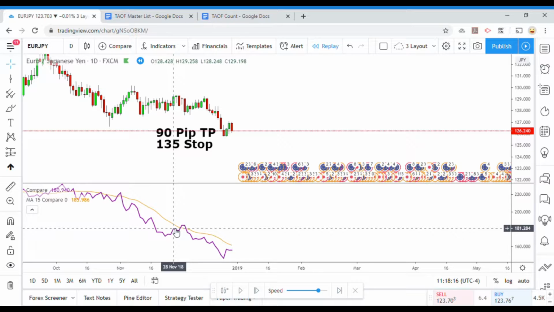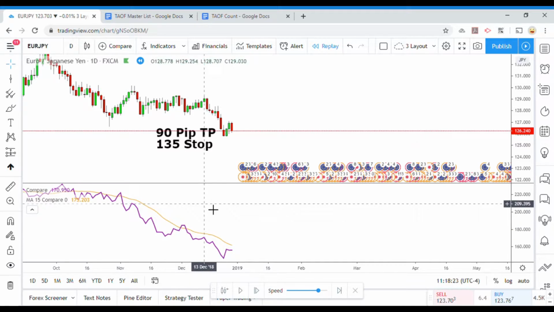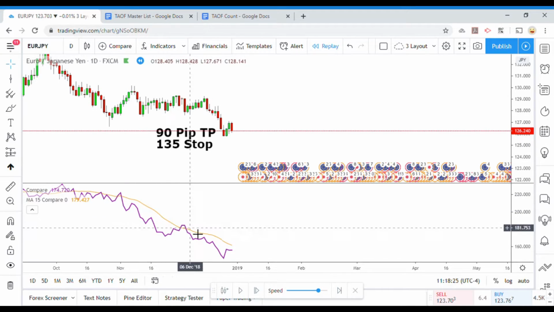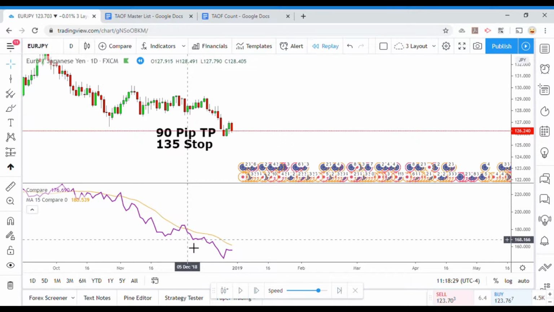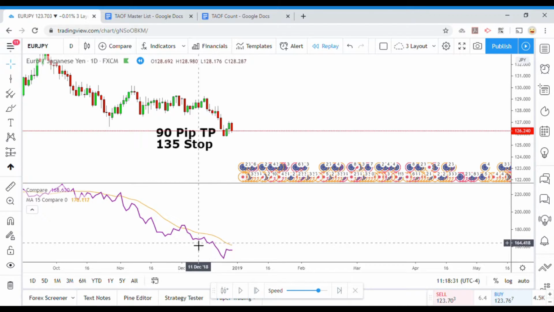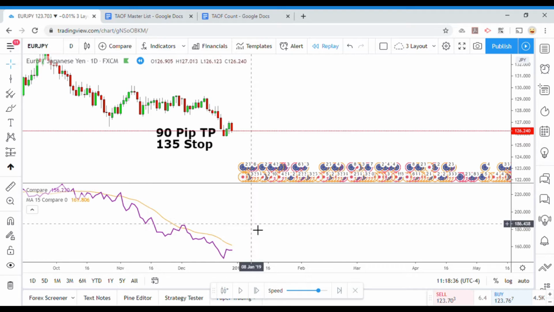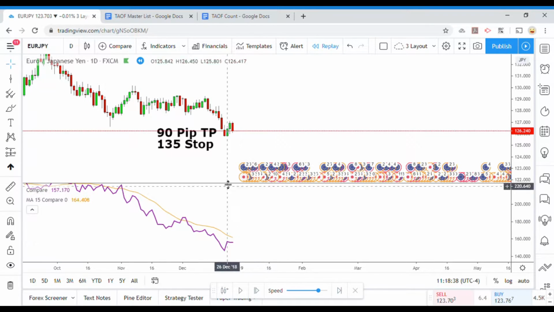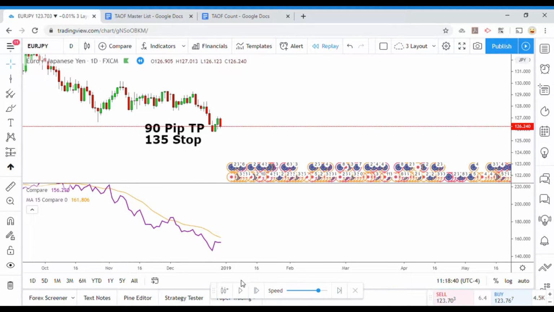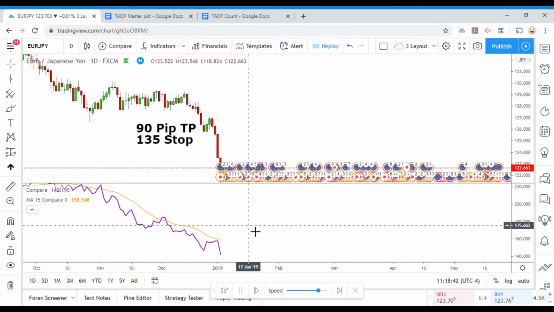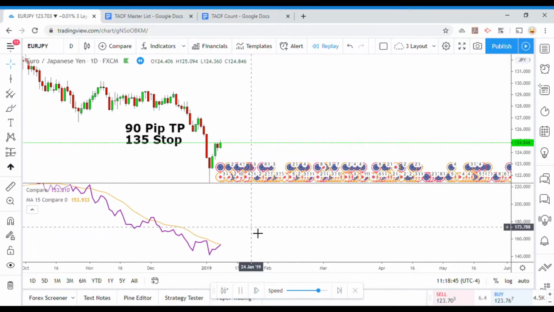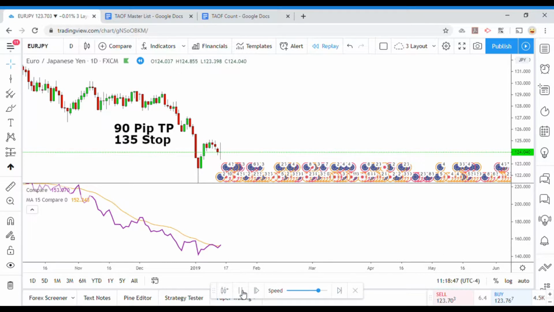When the purple line, the faster compare line, crosses up above the moving average, the orange line, that will be a buy signal. When it crosses down below the orange moving average line, that will be a sell signal. And that is how we are going to test it here today. Let's move on with the testing and see what we can get out of this indicator.